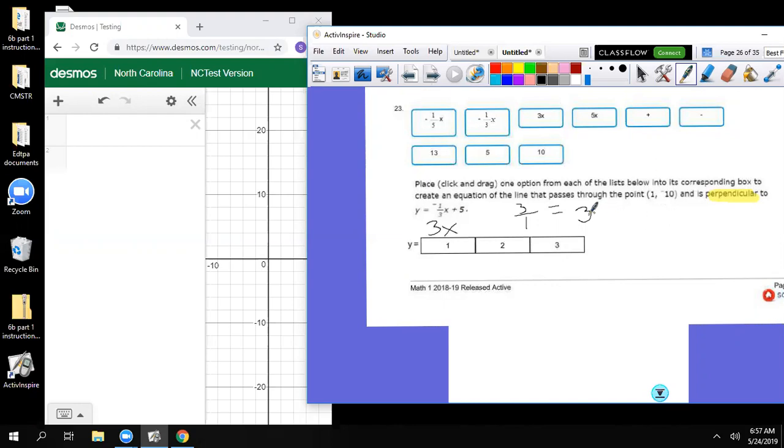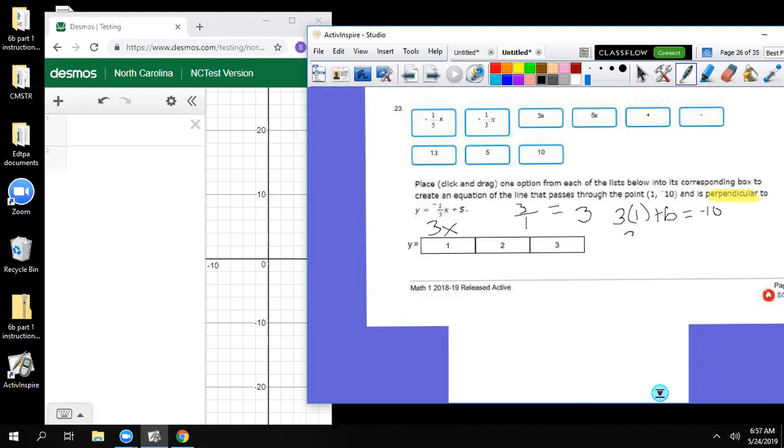And then I need to go ahead and use my slope along with the point they gave us to figure out the b value and then the equation. So I have 3 times, well, what's my x value in this ordered pair? I have x equals 1 and y equals negative 10. So 3 times positive 1 plus some b I don't know equals negative 10. So let's solve it for b, and then we can rewrite our equation.